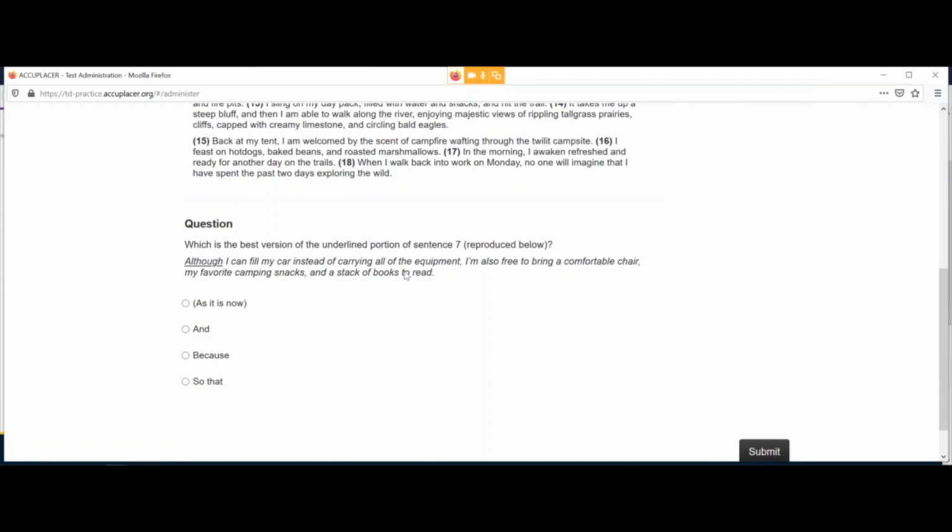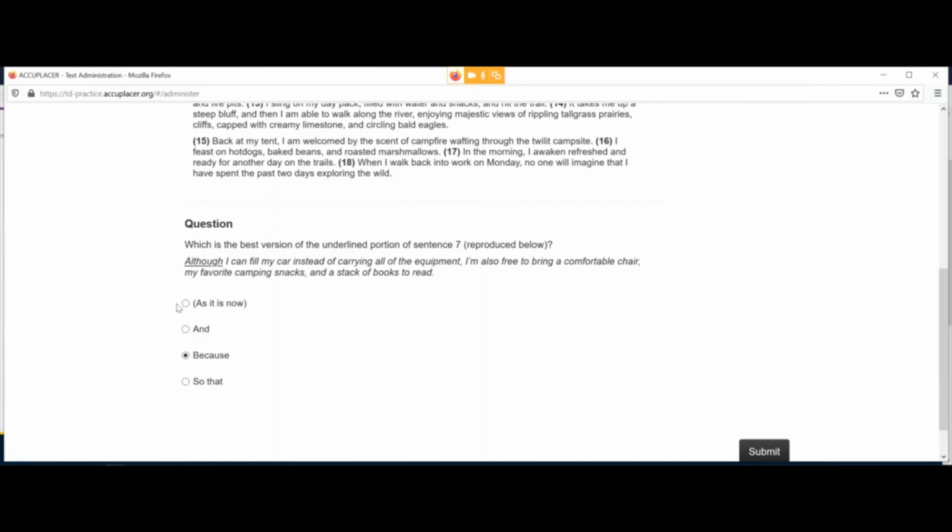The first part of this sentence does not contrast with the second one. What you really want is cause and effect. Because I can fill my car instead of carrying all of the equipment, I'm also free. So because this situation is true, or this condition exists, then this condition can exist. And that's why "because" would be correct here.